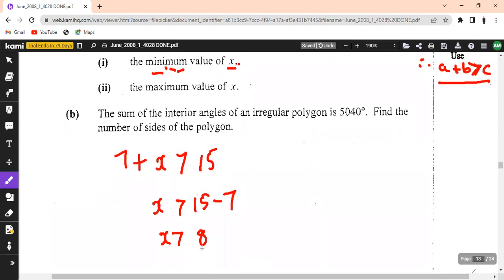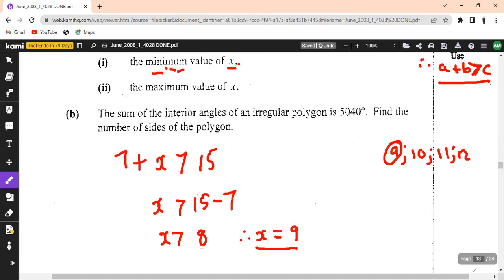Definitely that number is 9. The integers greater than 8 are 9, 10, 11, 12, and so on, so the smallest is 9. Therefore our x is going to be 9.